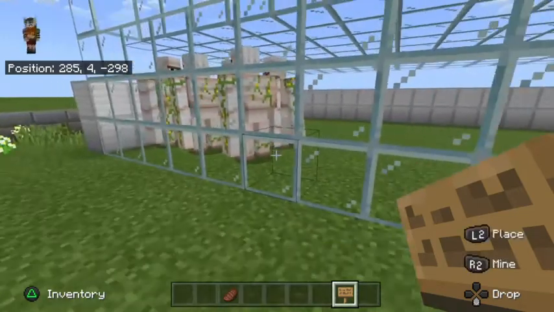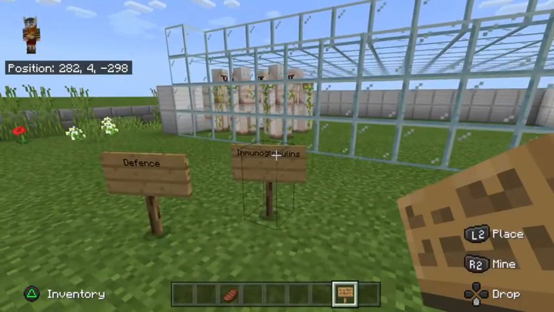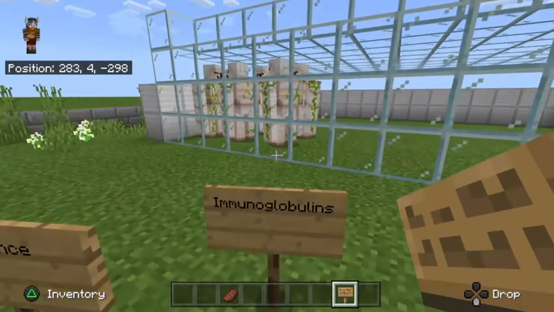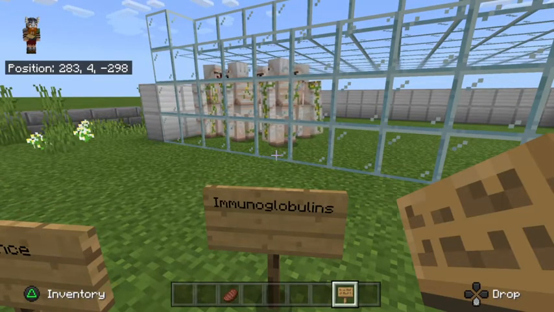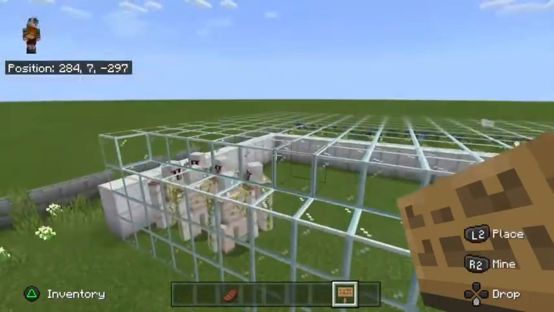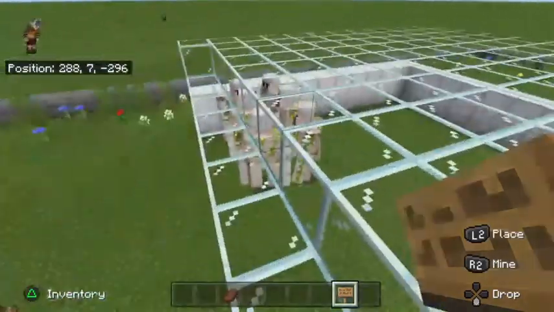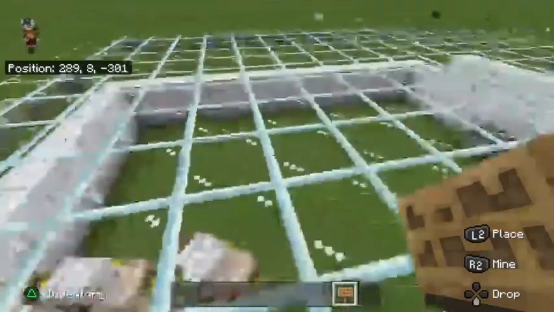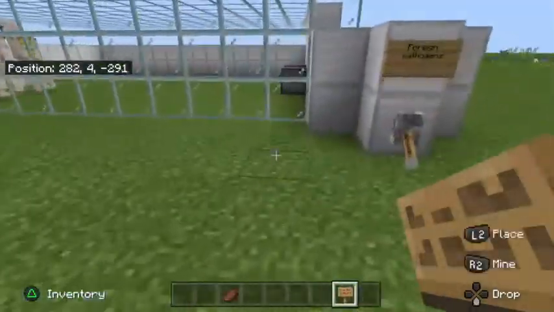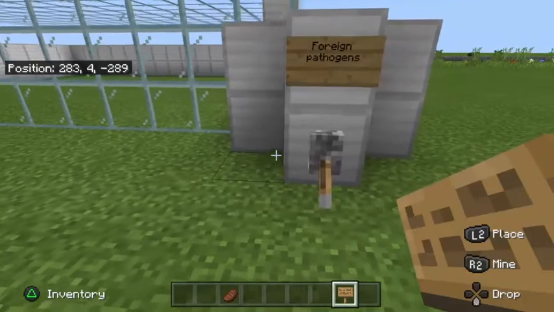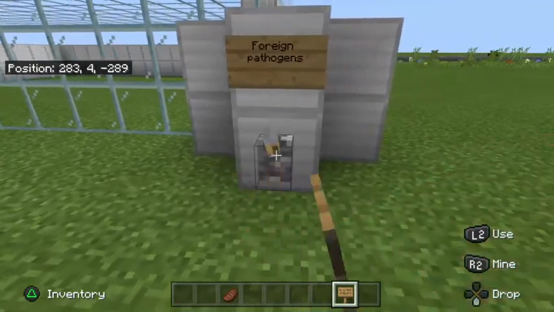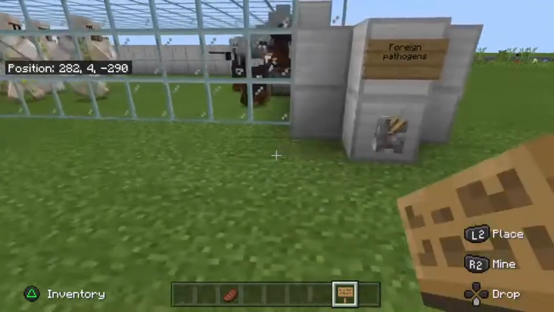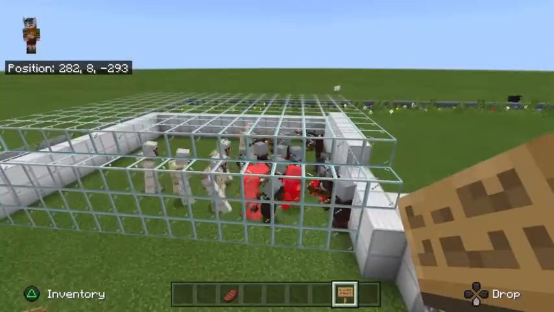So here we have some iron golems to represent the immunoglobulins. Sorry about my pronunciation, but here they are. They're just chilling until a foreign pathogen comes in, represented by the pillagers.